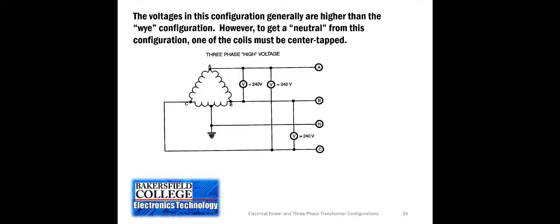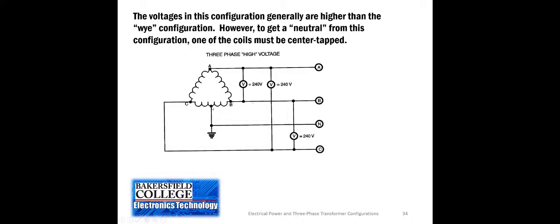The problem with delta is that if I wanted to run a neutral to be able to get half of the voltage, then I have to use a center tapped coil on one of these, and that's where I would connect my neutral. So across the two ends of the coil, I have the same voltage that I have between the lines. So that would be 240.